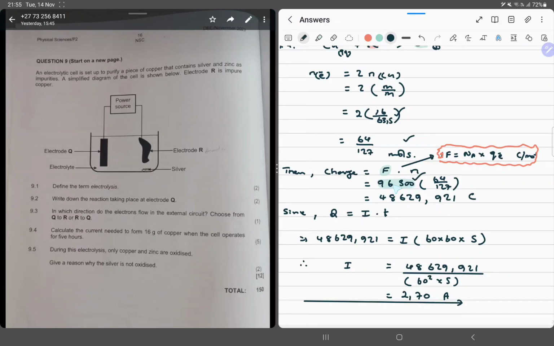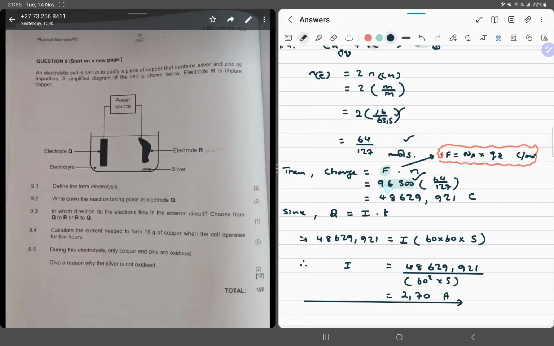But those who watched my video this year, that was in November 2022, Physical Science Paper 2, you will have heard about this and you'll have known about it, so you wouldn't be in trouble. But if you didn't, you just take Avogadro's constant, you multiply by the elementary charge on an electron, and it gives us this value, rounded off to some decimal places.